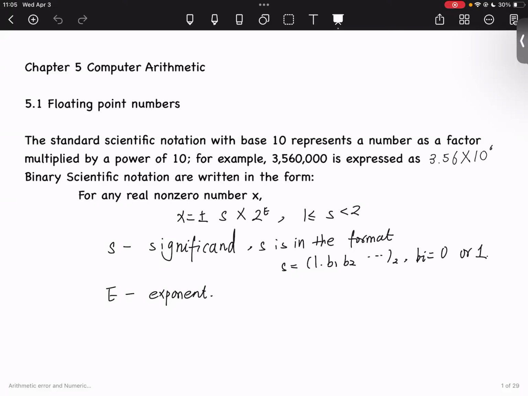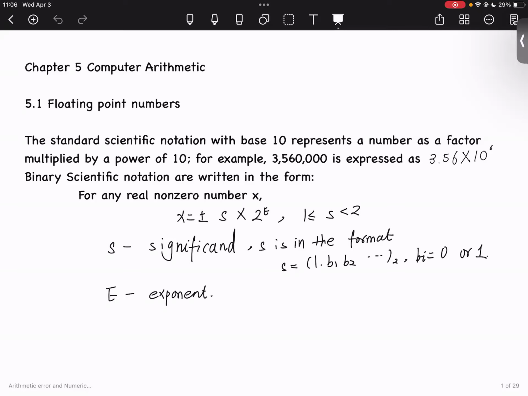If S is between 1 and 2, the binary format, with the subscript 2 indicating binary representation, can be written as 1 point b1 b2 and so on, where each bi is 0 or 1. This is the scientific binary representation of a number.